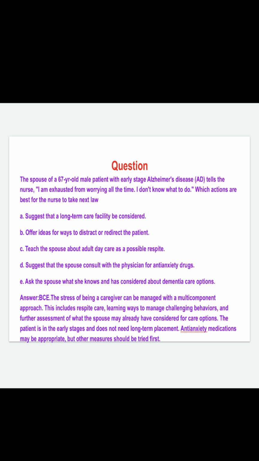So that's why we need to help the patient's caregiver too.